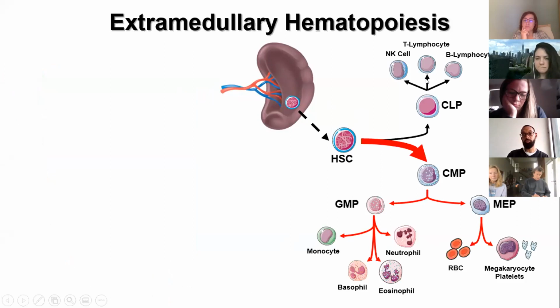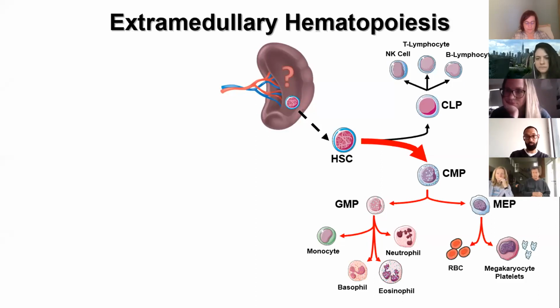While the bone marrow microenvironment has been really well defined, and we know a lot about the interactions between the HSCs and the niche cells, as well as the niche cells and the growth factors and cytokines that exist in that environment, the factors regulating hematopoiesis in the spleen are a little less well defined.